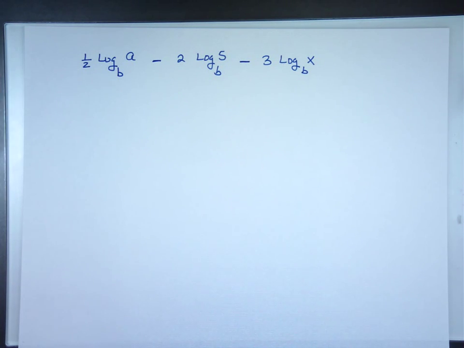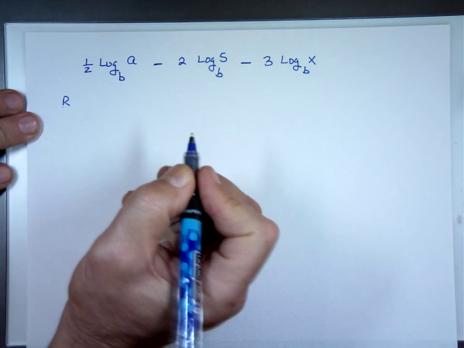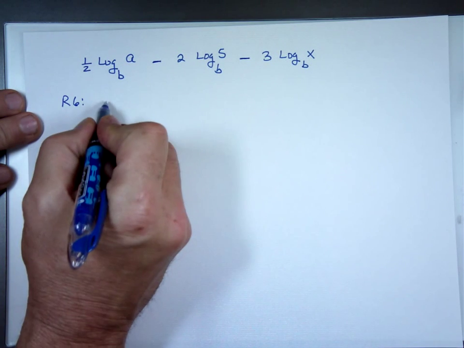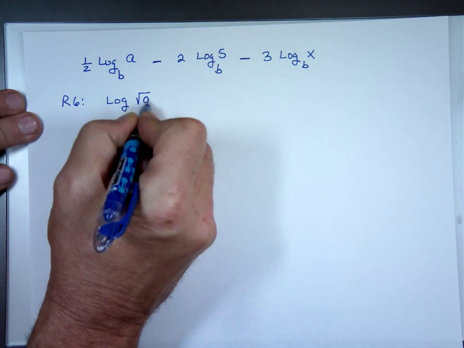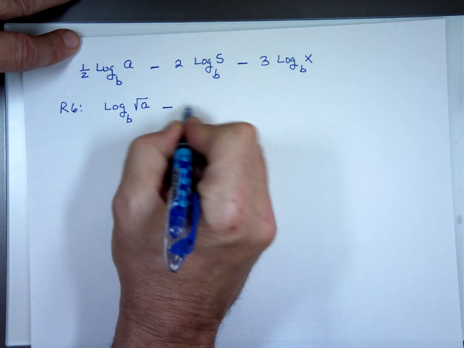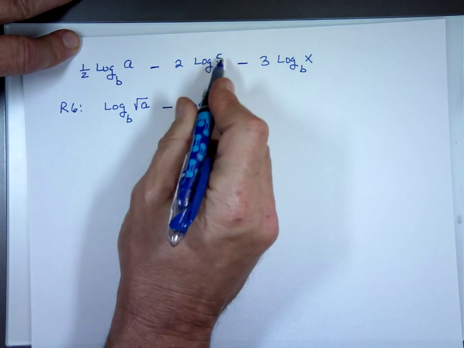What's the first rule? What do you think? 6? Yep, okay. The 1/2 used to be the power. When something is raised to the power of 1/2, it means the square root. This is 5 squared, which is what? 25.